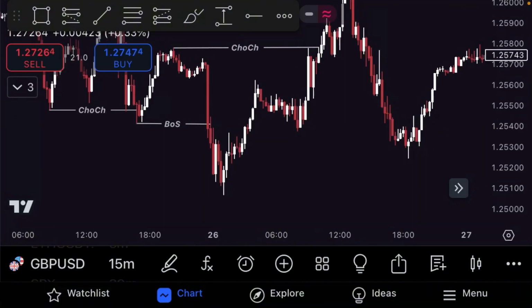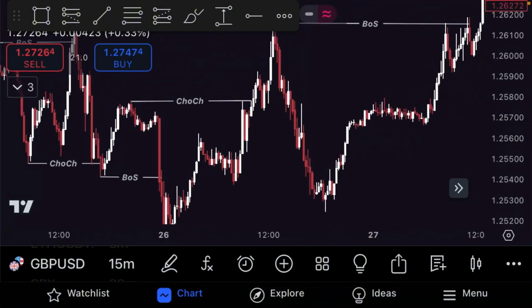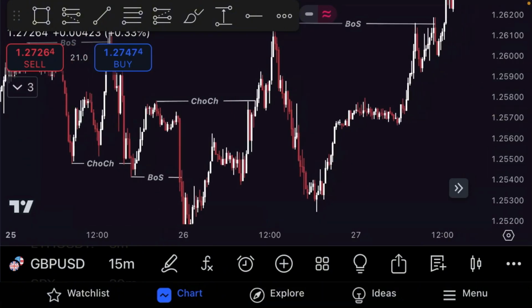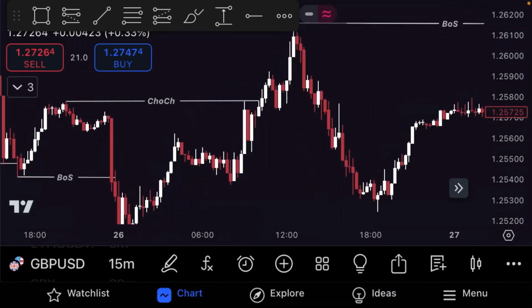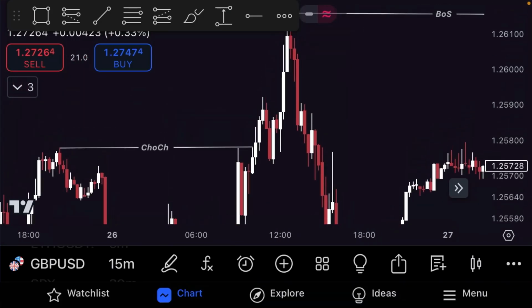But I would really advise you to use the Fibonacci style, because sometimes these fair value gaps might not really work the way you want them to, and might waste some of your time, and you won't like that. So I would advise you use the Fibonacci style to get better results for yourself.